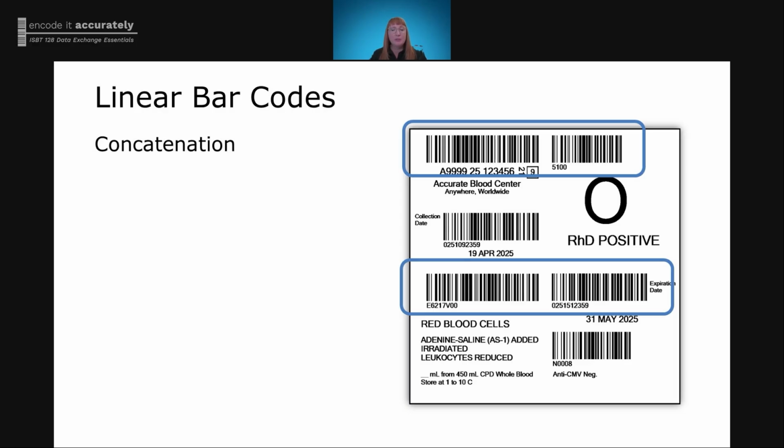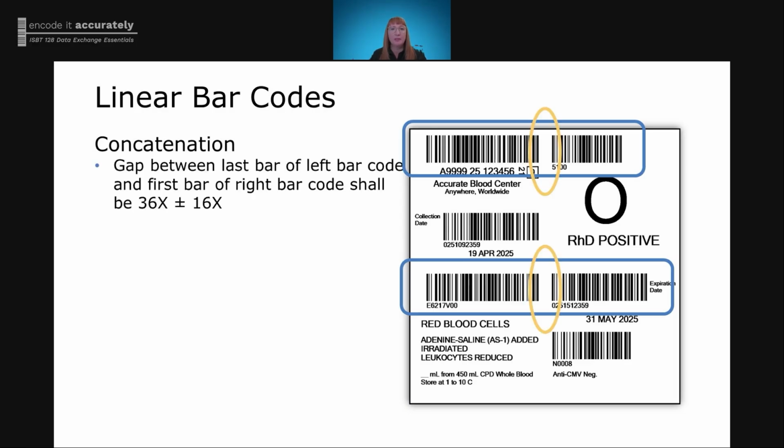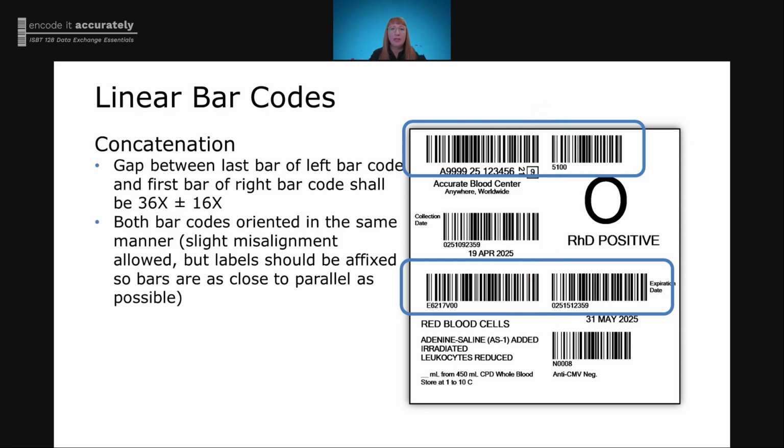The ST001 also talks about the gap between the last character of the first barcode and the start character of the second barcode. And both barcodes must be oriented in the same manner.